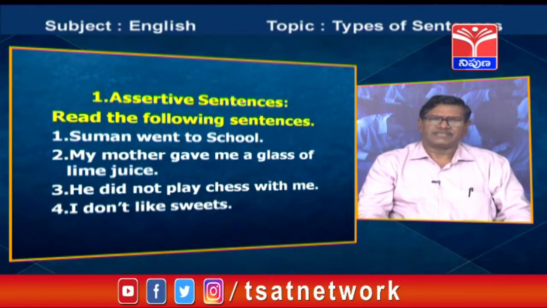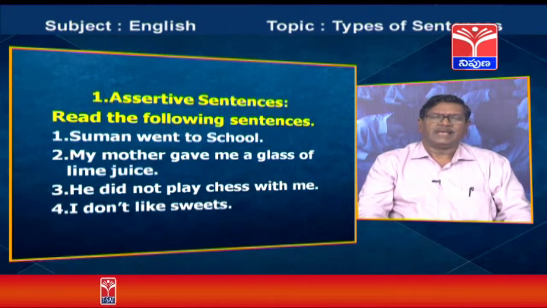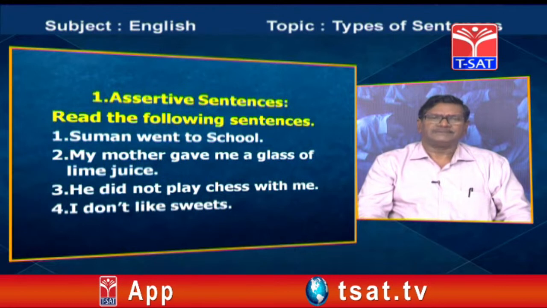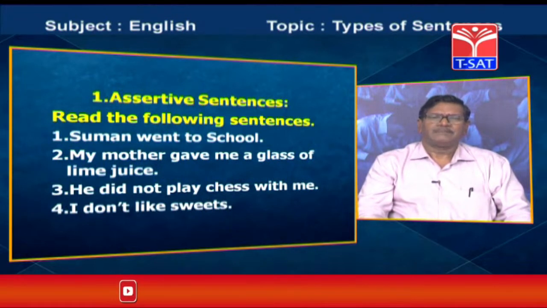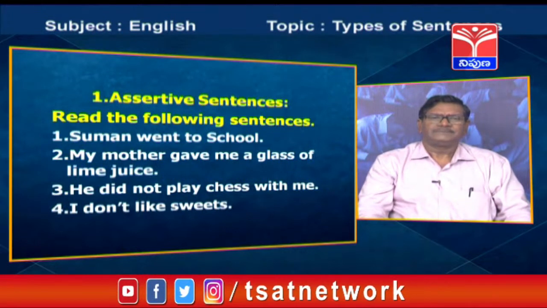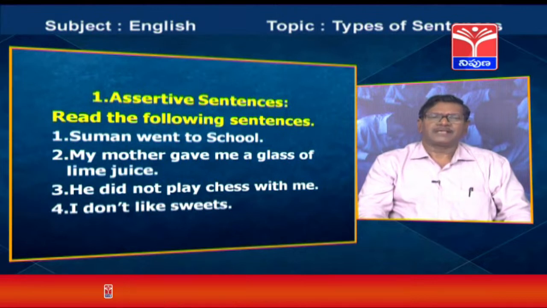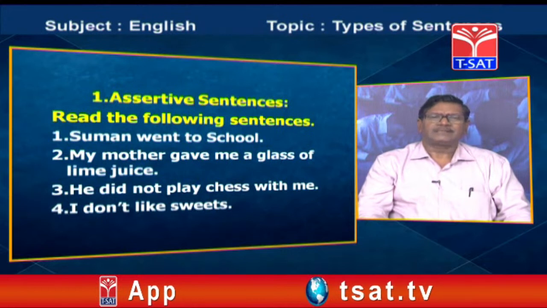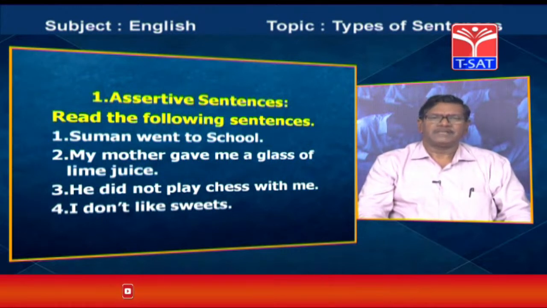Similarly, second sentence, my mother gave me a glass of lime juice. So, it is an assertion. Assertion about mother giving a glass of lime juice. Third sentence, he did not play chess with me. You are asserting that he, the other person, did not play chess with me.